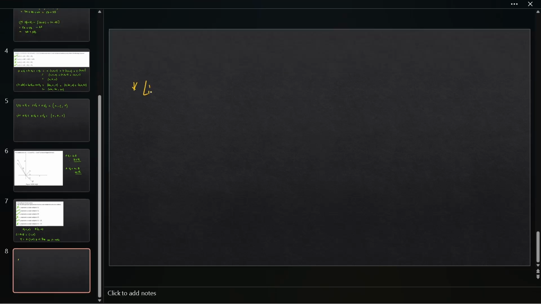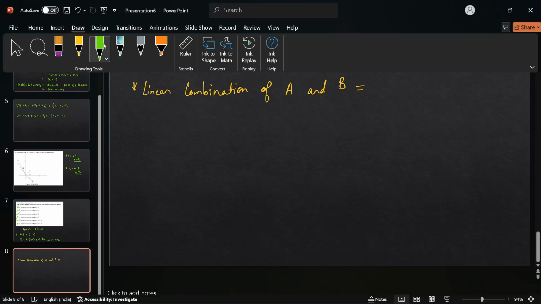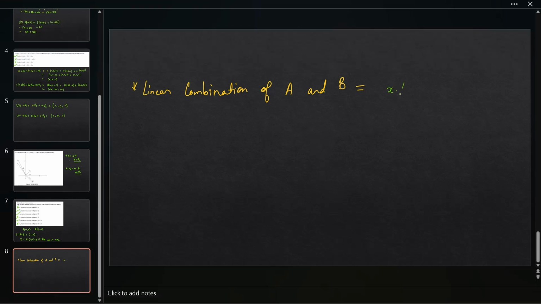If someone says a linear combination of A and B, this means the person is talking about some constant x times A plus some constant y times B, where x and y belong to the real numbers.